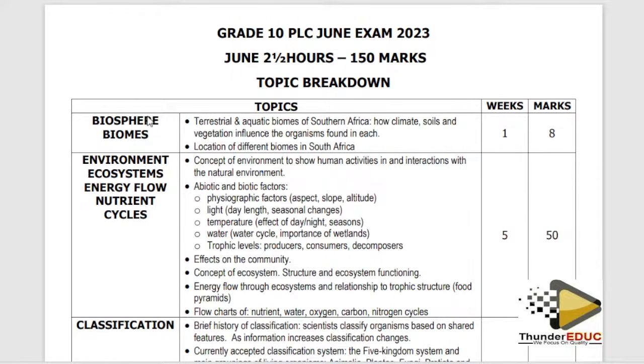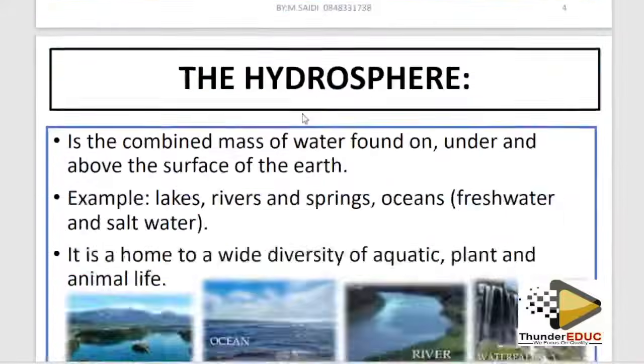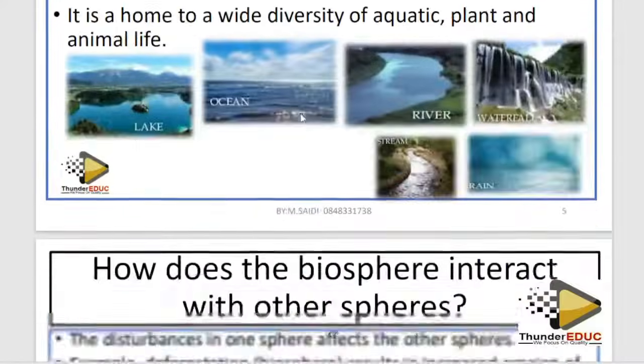When you come to what we call the biosphere, you have to talk about terrestrial and aquatic biomes, and the location of different biomes. This is going to take you 8 marks. So when you come to the distinction material, make sure this is what they are talking about.